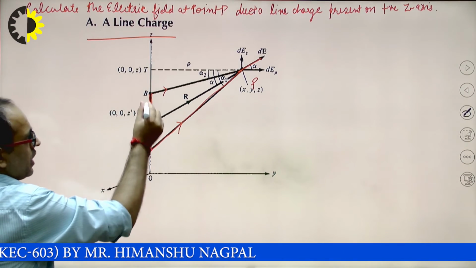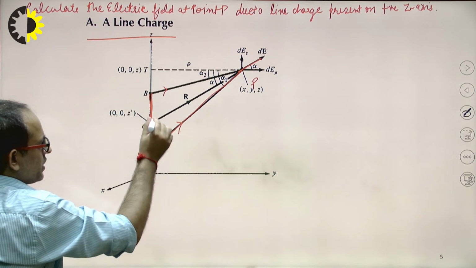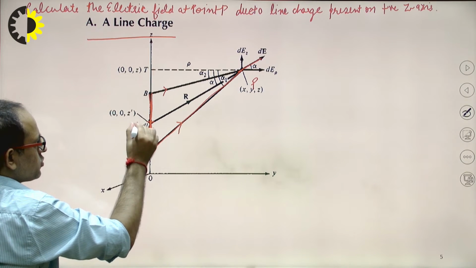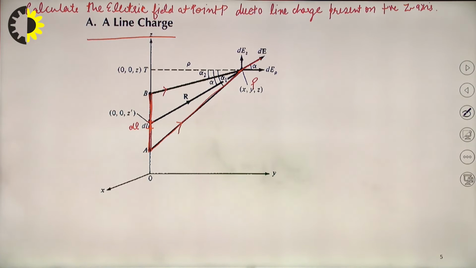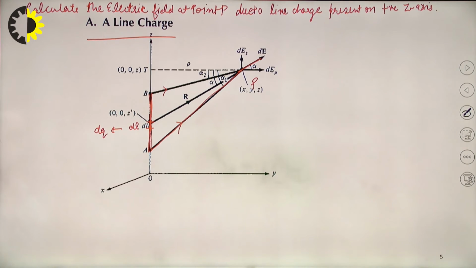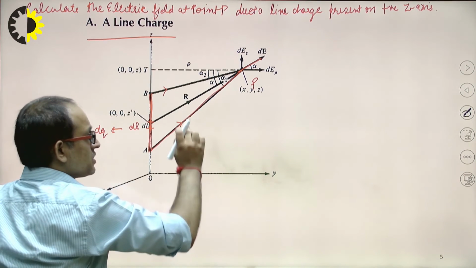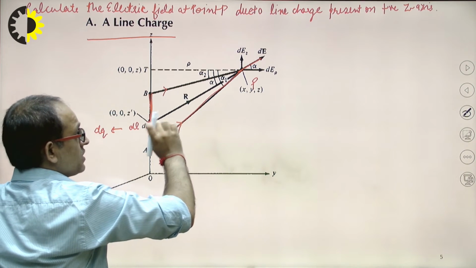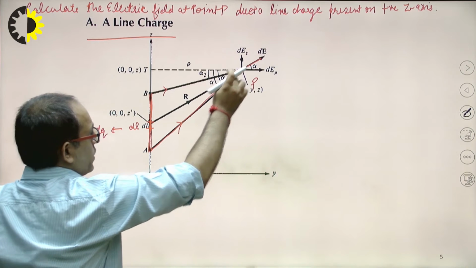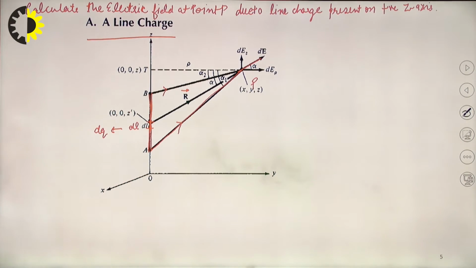Now if I take a small length, dl, this dl has a charge dq, and the distance between point P and this length is denoted by the vector r.